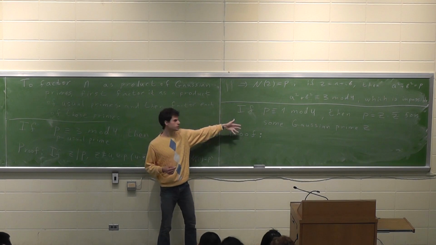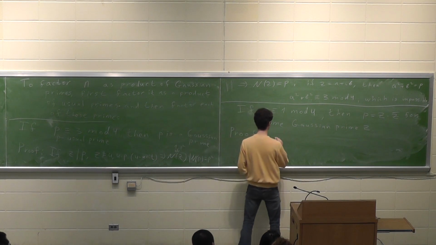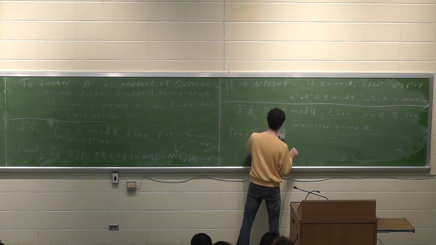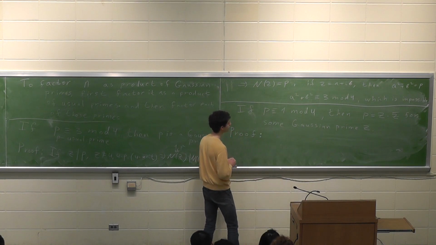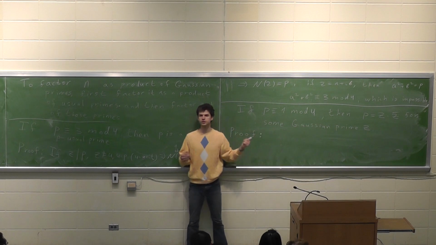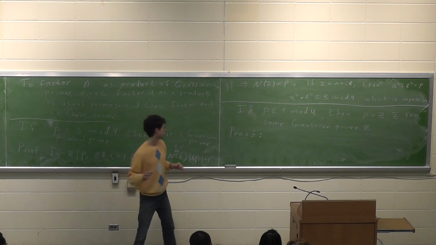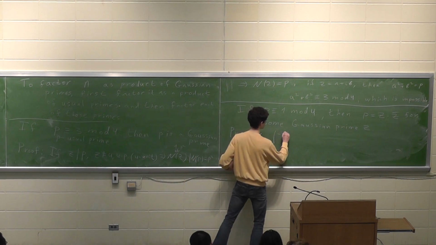So assume to the contrary that P is a Gaussian prime. Well, maybe first like this. If P is congruent to 1 modulo 4, then I claim that P is a divisor of some number of the form n squared plus 1. The reason is as follows.